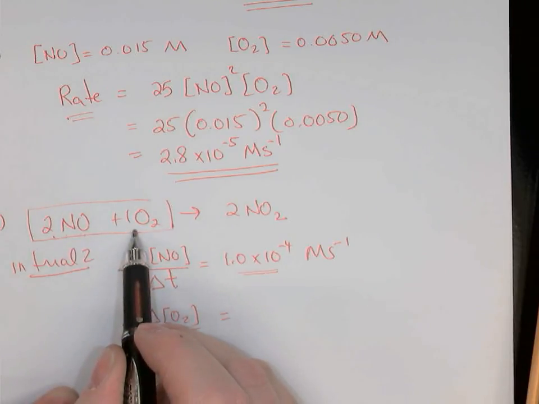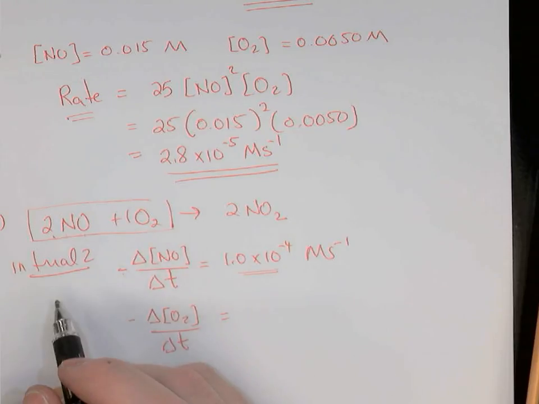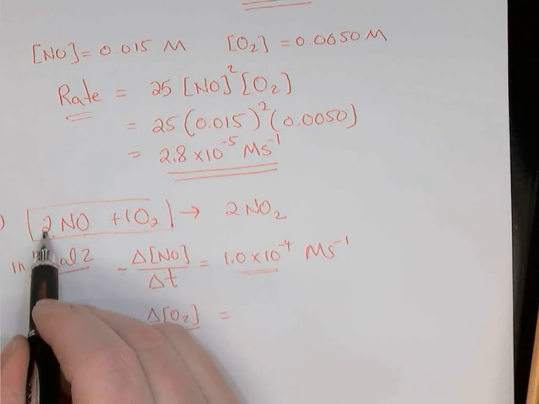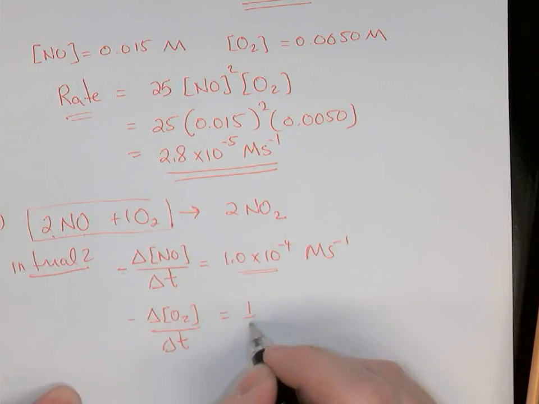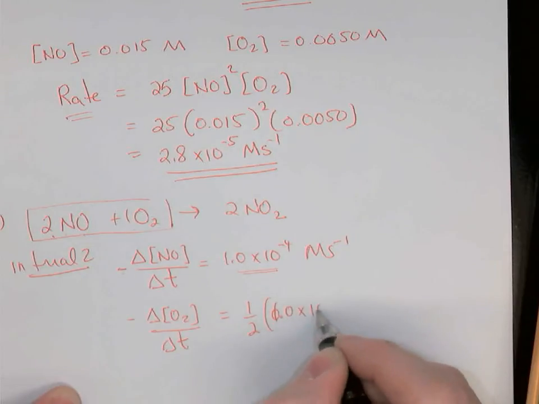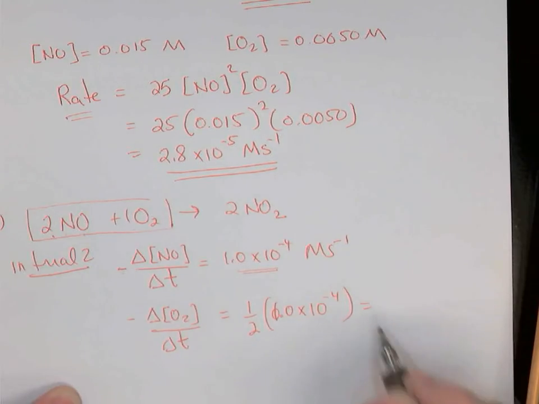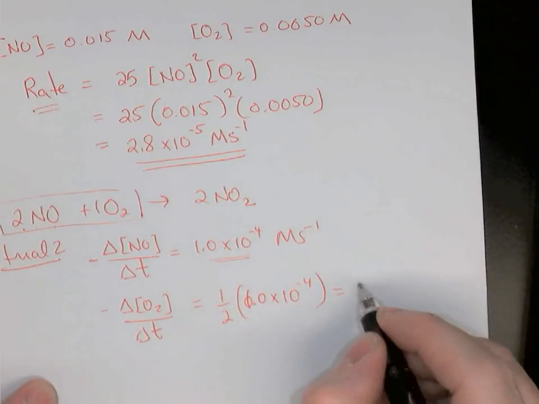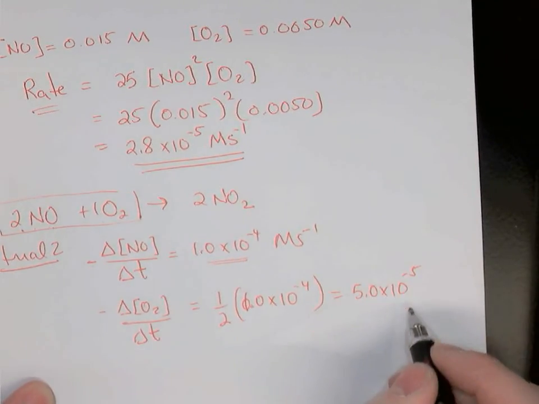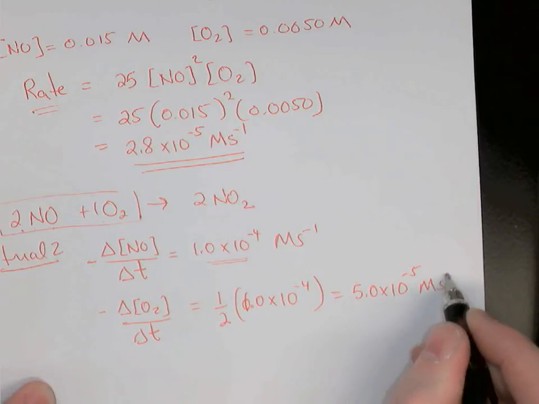So the oxygen is not disappearing as fast as the NO. In fact, it's going to disappear half as fast, right? 1 to 2 is the ratio. So if we just take 1/2 of 1.0 times 10 to the minus 4, we'll get the answer to that question, and it's going to be 5.0 times 10 to the minus 5 molarity per second.